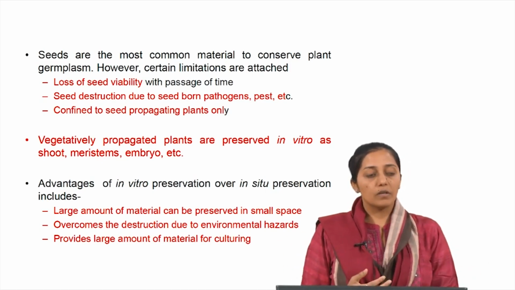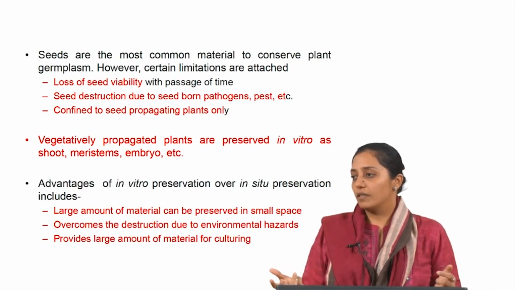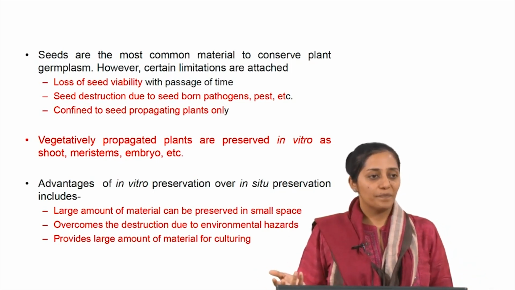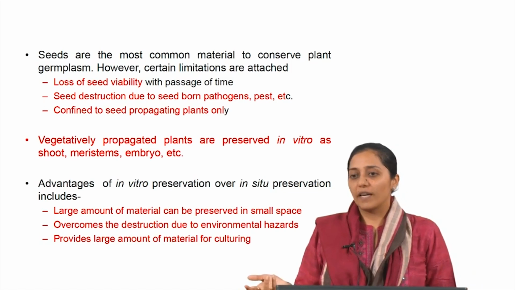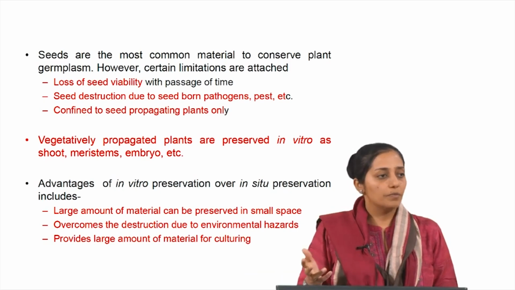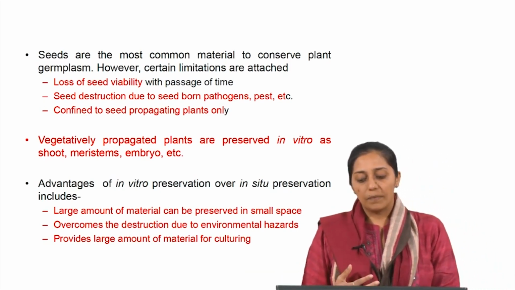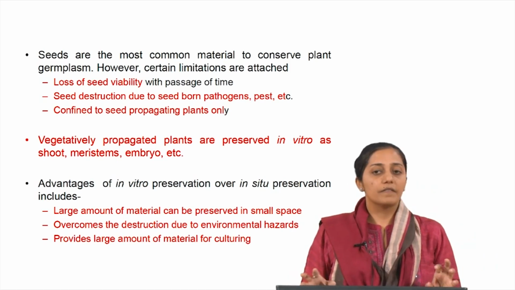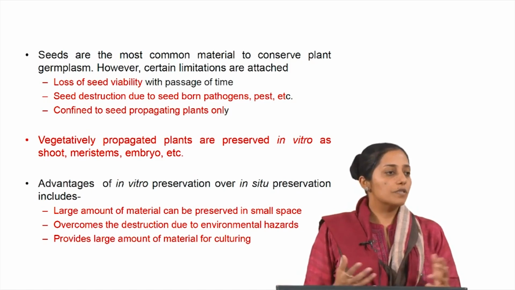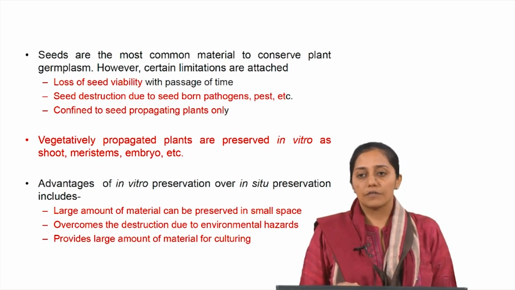Then, if you are using seeds for conservation, it is confined only to plants which propagate through seeds. For plants which do not propagate through seeds, which are vegetatively propagated, there has to be a way for conservation of such plant material. So vegetatively propagating plants are generally conserved using in vitro conservation techniques, where you use different parts like shoots, meristems, somatic embryos kind of cultures for preservation.